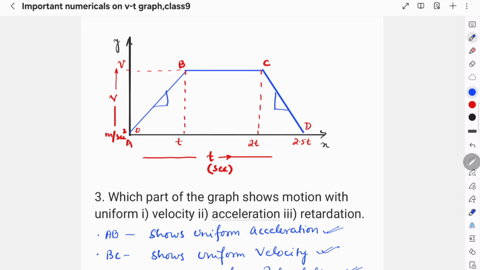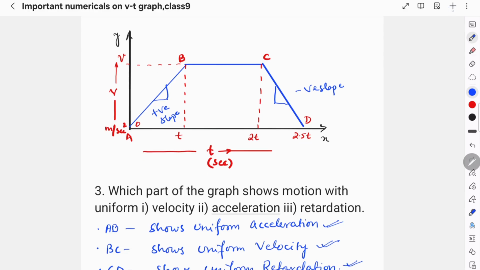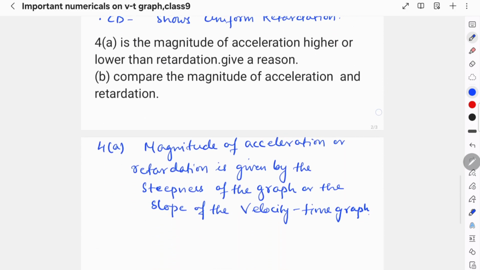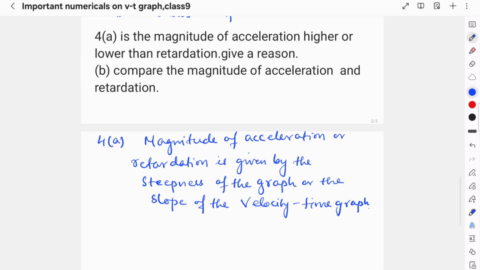So depending upon the slope, this is basically negative slope and this is positive slope, and the nature of the slope will tell us which kind of motion the body is undergoing. So let's see, we have to calculate the magnitude of acceleration and the magnitude of retardation.